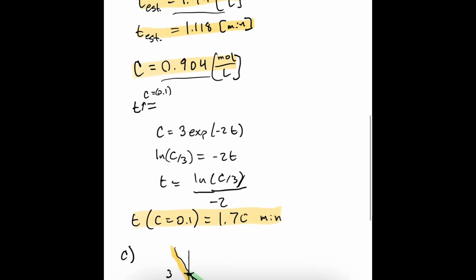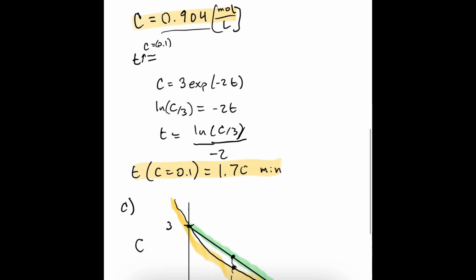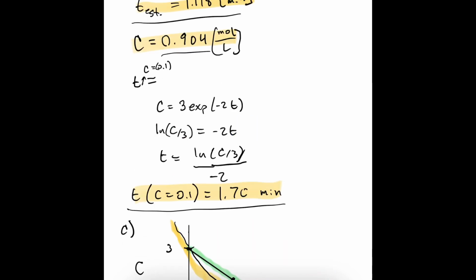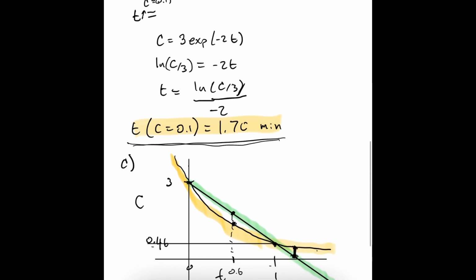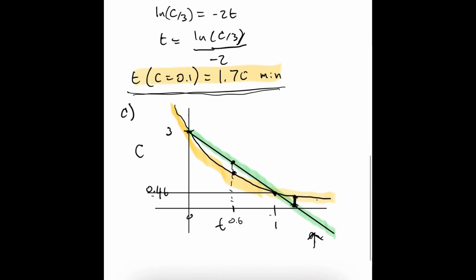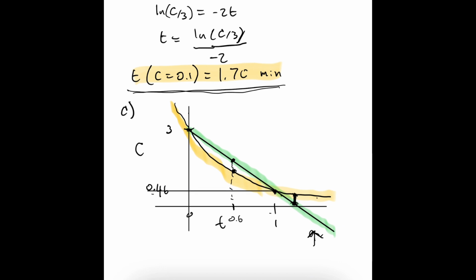So the estimated time is 1.118. So yeah, it's quite a bit shorter than the real time that we got. And that's because the line just rapidly goes away from our estimate as we extrapolate beyond the points.